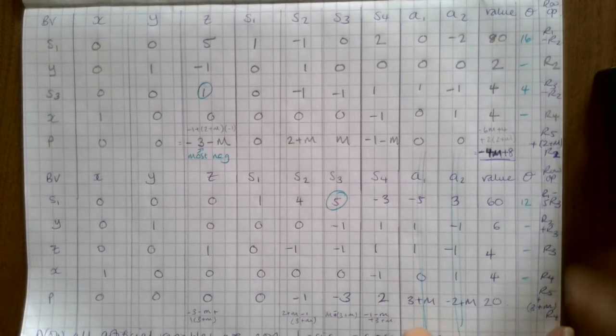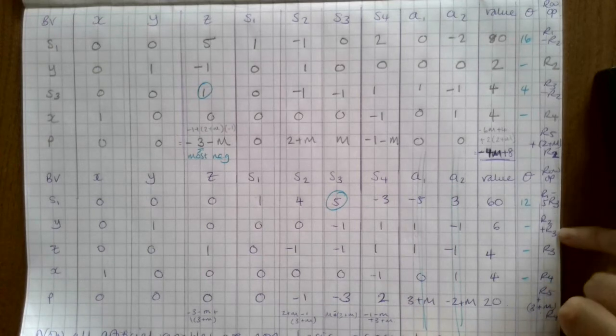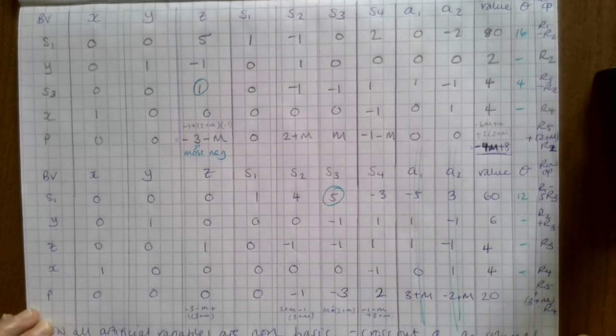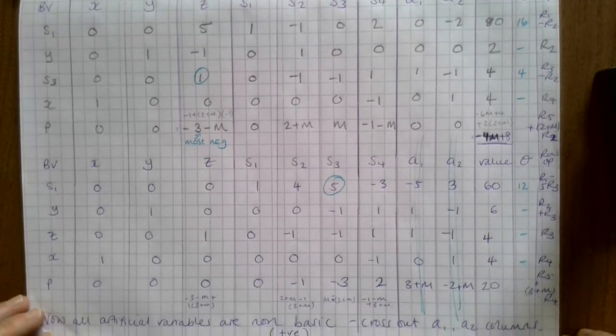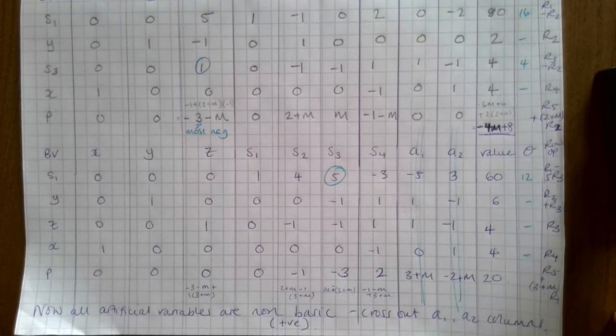So my row operations are row 1 take away 5 lots of row 3, row 2 plus row 3, row 3, row 4, and row 5 plus 3 plus M lots of row 4. So I'll let you pause it there if you want to check that you can get to those numbers yourself.